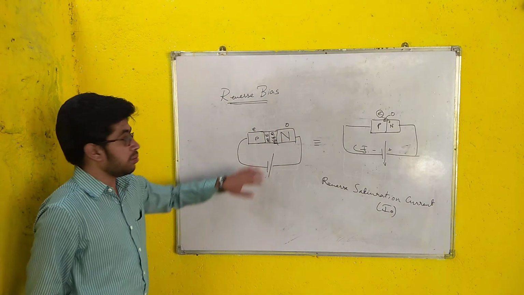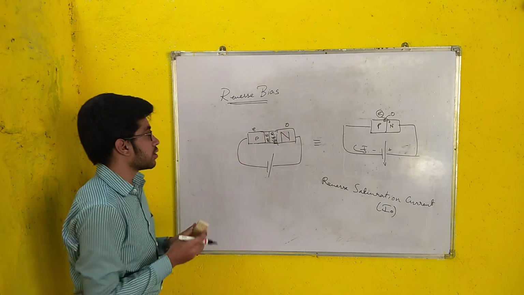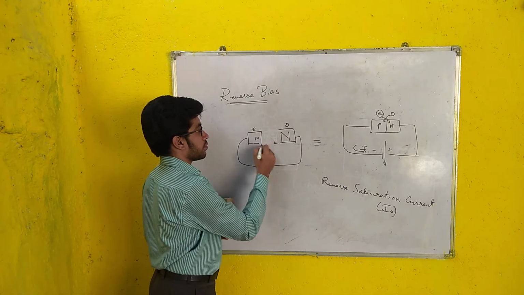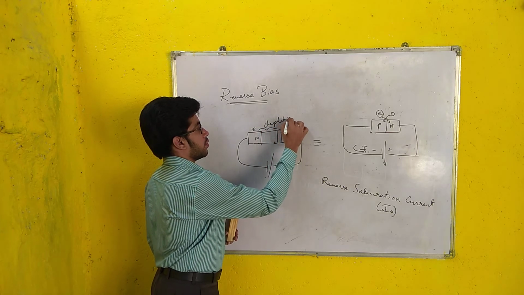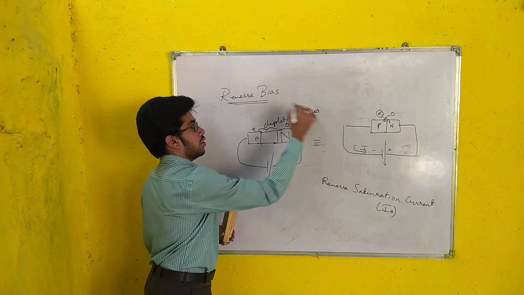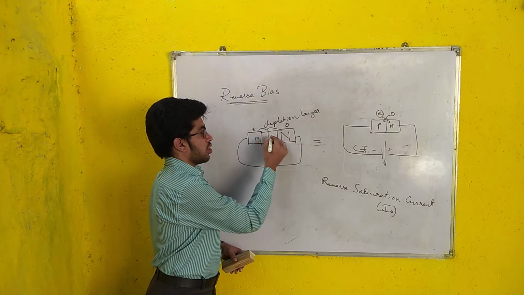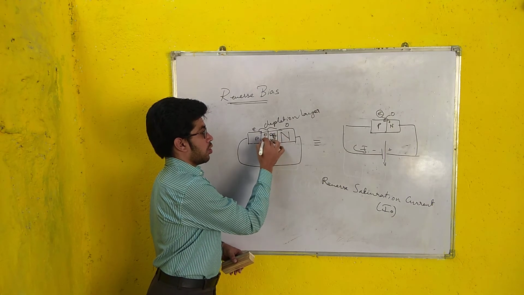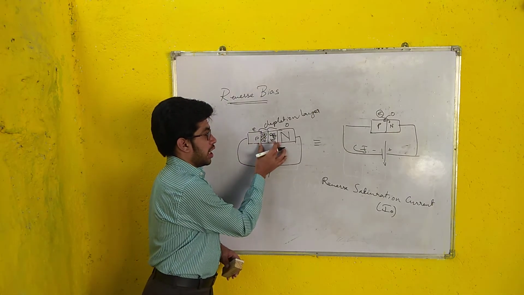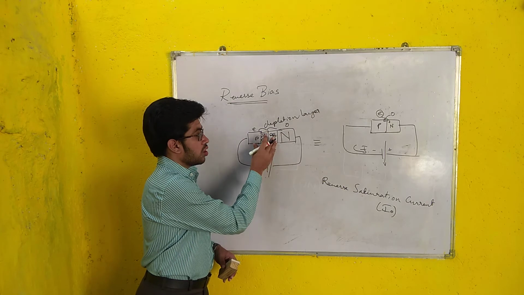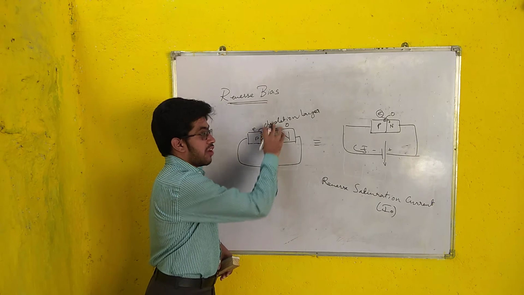But here the depletion layer does not vanish, rather it goes on increasing. After a certain time the accumulation of electrons and holes will be more, and these charges will make an avalanche.